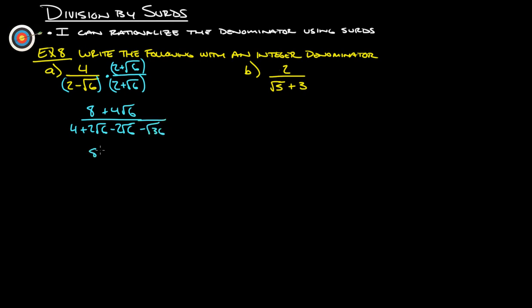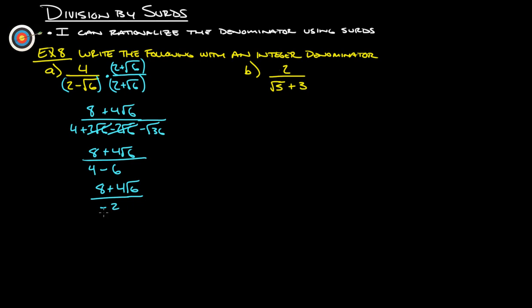Now it simplifies. 8 plus 4 root 6 on the top, we'll leave alone. But these two 2 root 6's cancel each other out, and we have 4 minus the square root of 36, which is 6. So we have 8 plus 4 root 6 all over negative 2.